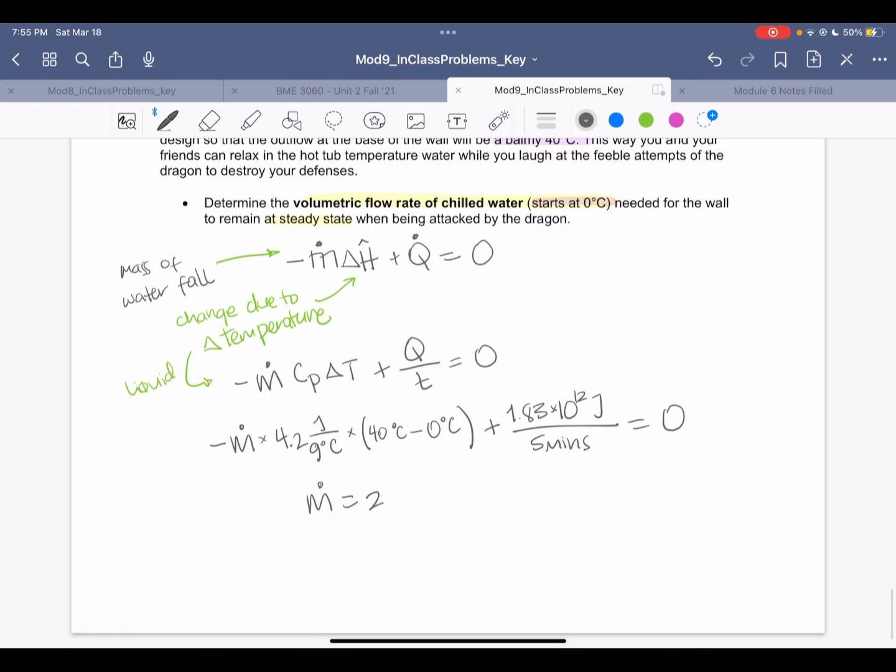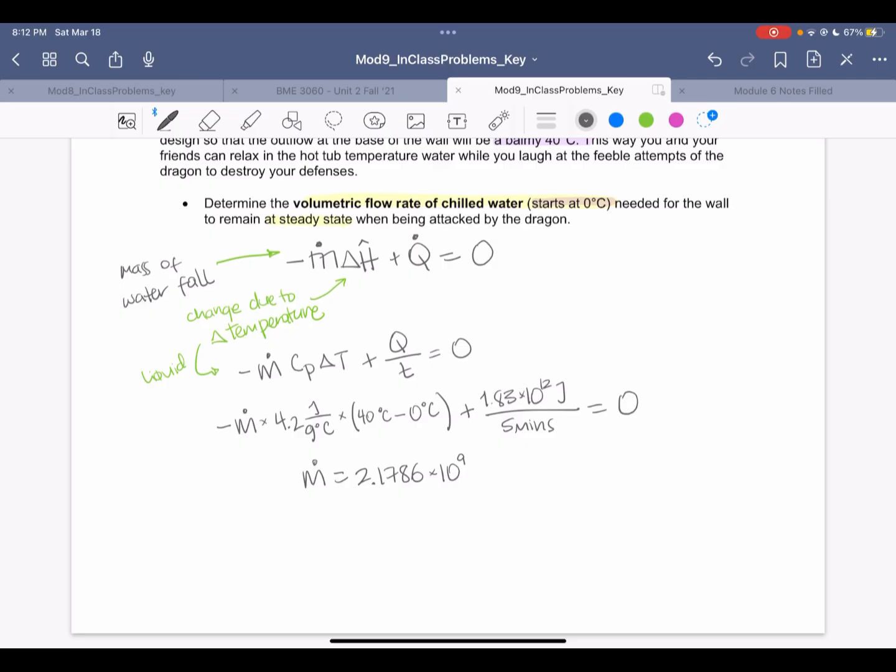So this is going to be equal to 2.1786 times 10 to the 9th grams per minute, which is equal to 2.1786 times 10 to the 6th kilograms per minute.